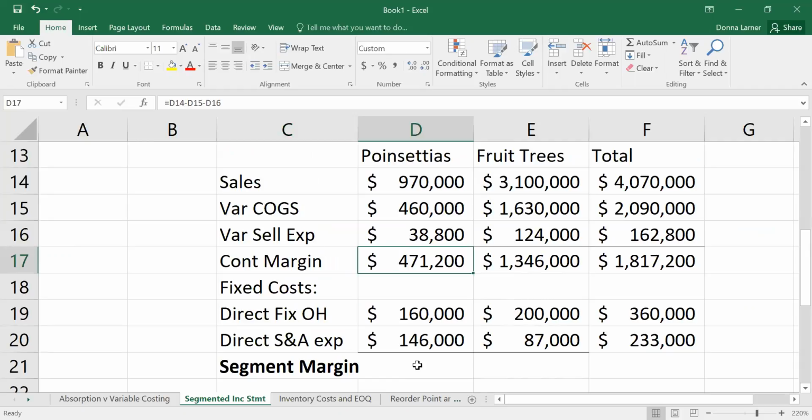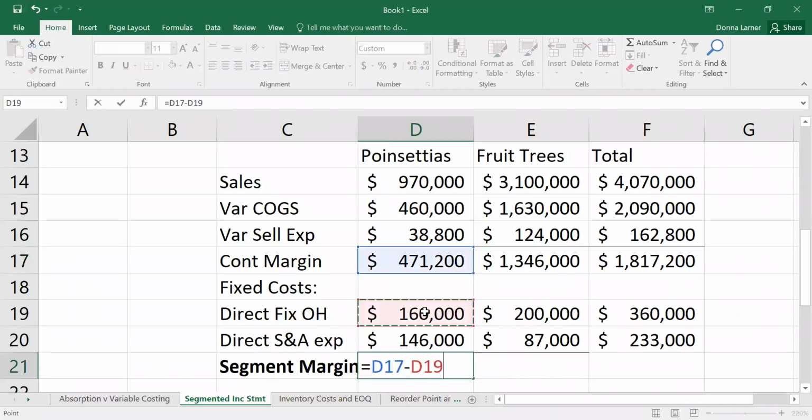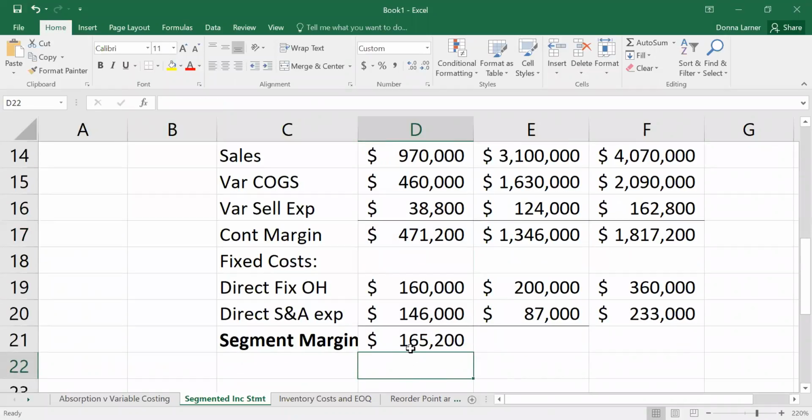That's their contribution. They have fixed costs directly traceable to them of approximately $306,000. So when I take those away, there's still $162,500 positive that's going to help cover the cost of the company's overall common fixed costs.